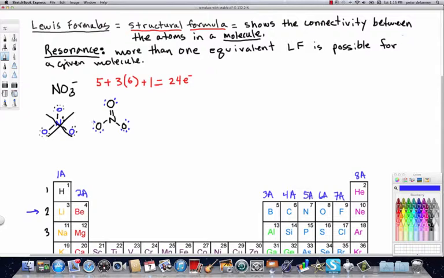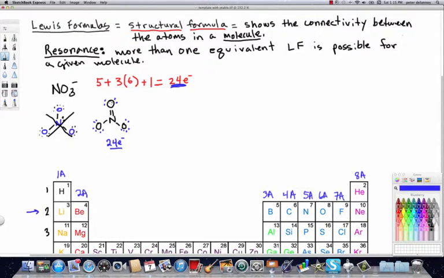Now let's do our count: 2, 4, 6, 8, 10, 12, 14, 16, 18, 20, 22, 24. So we've hit our magic number. The 24 correlates with what we started out with for valence.